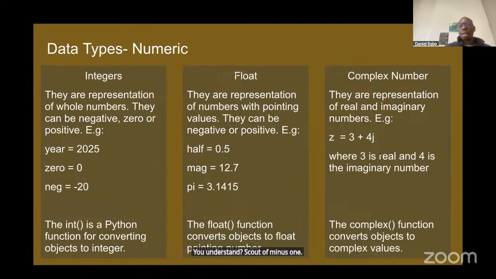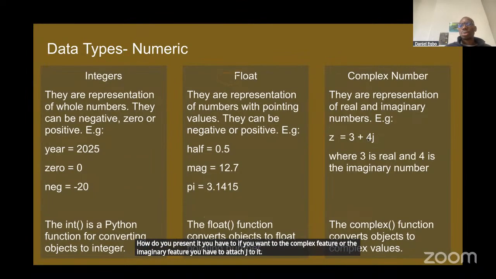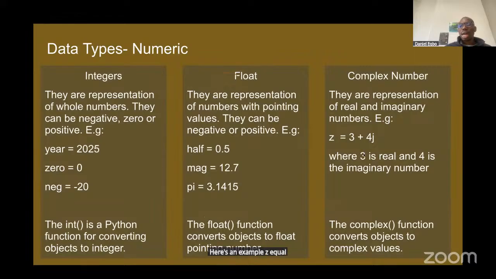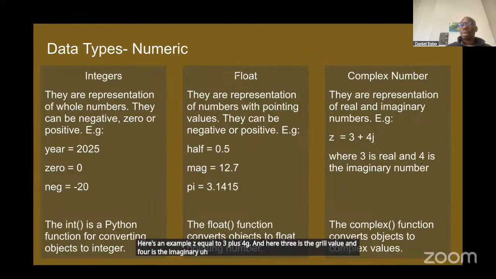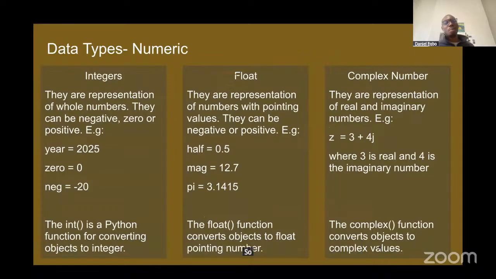You understand? So how do you represent it? If you want the imaginary part, you have to attach j to it. Here is an example, z equal to 3 plus 4j. Here 3 is the real value and 4 is the imaginary number. And we also have a complex function for converting an object to a complex value. So you can see how there are patterns to this.